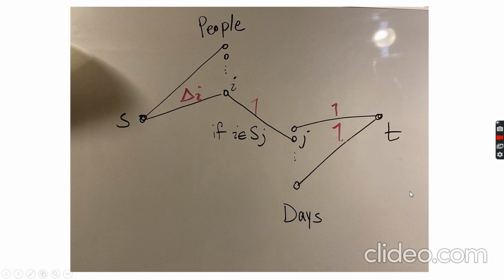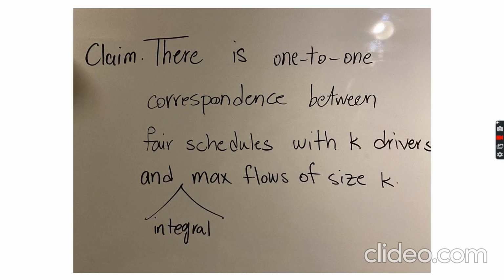We're saying that whenever we have a fair scheduling that schedules k days to drivers, we have a max flow of k. So we want to say that there is a one-to-one correspondence between scheduling k days or k drivers and an integral max flow of size k of this network that we define.